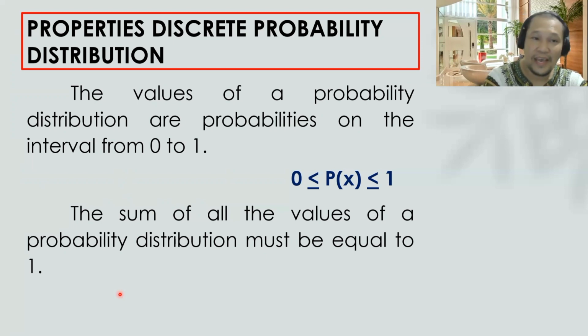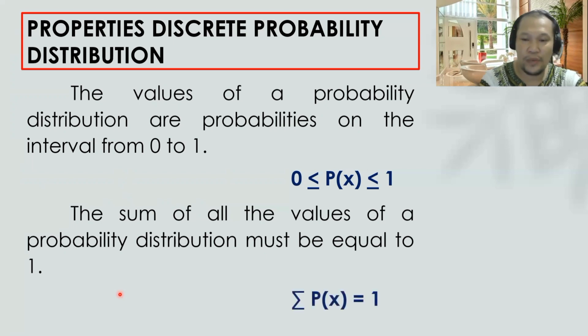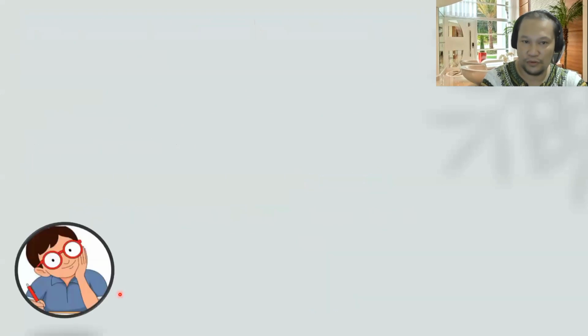Now that we have the concept of the discrete probability distribution, how to illustrate it, and what its properties are, let's look at the graphical presentation of the discrete probability distribution.